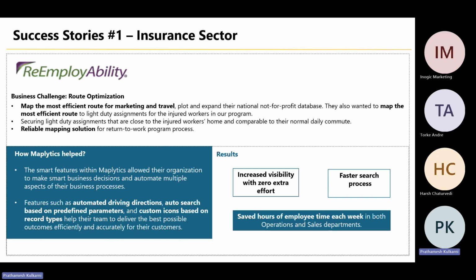So Maplytics helped Re-employability with the smart route feature, by associating routes to those particular field representatives, by which they would be able to use their CRM in a more effective manner.